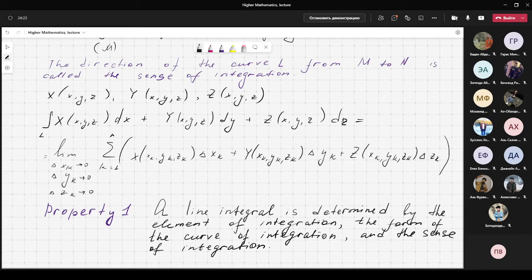A line integral changes sign when the sense of integration is reversed, since in that case the vector delta s, and hence its projections delta x and delta y, change sign.